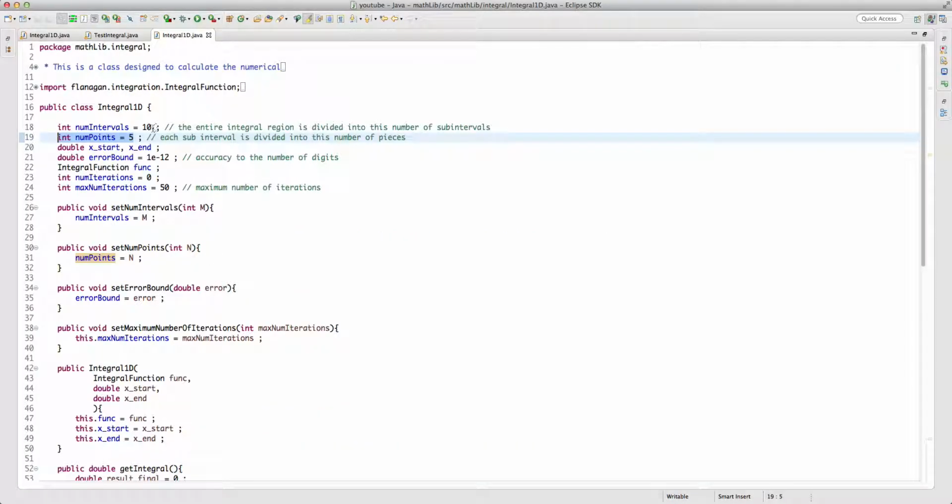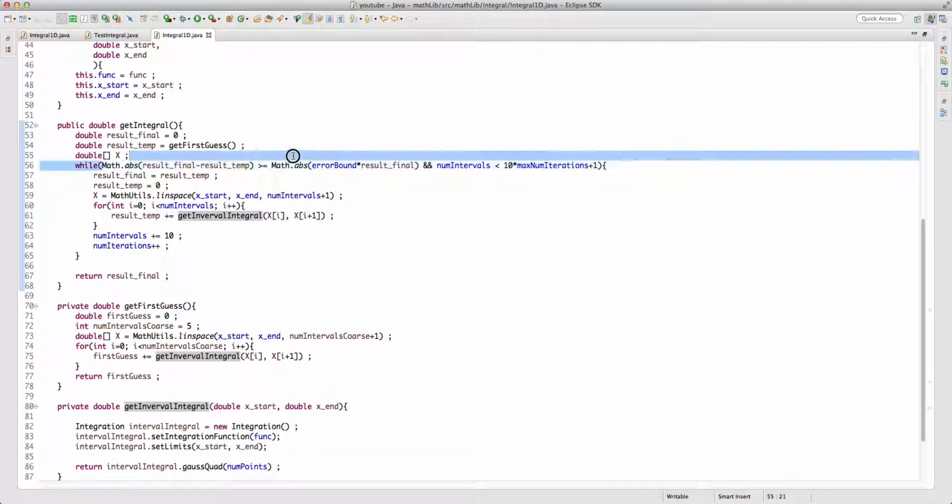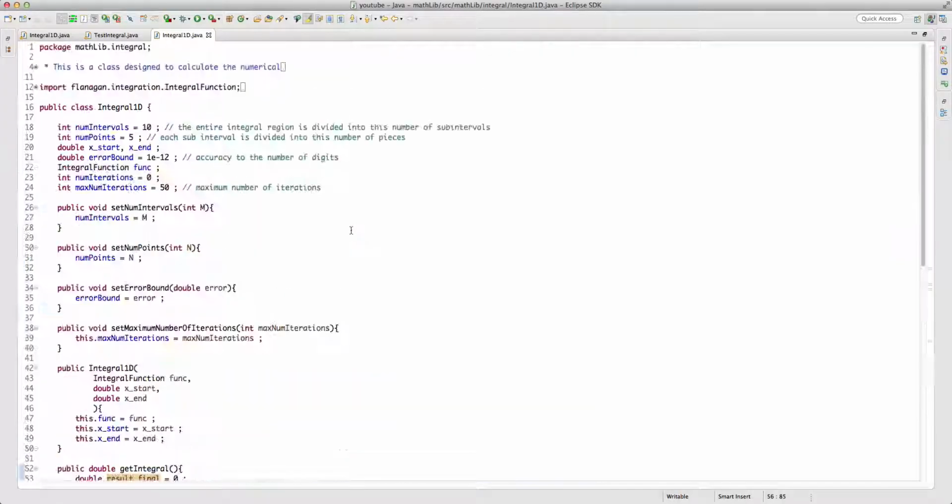If with the original 10 sub-intervals we don't get a good convergence, I increase the number of intervals by 10, and then I increase the number of iterations by 1. So in each iteration step I increase the number of sub-intervals by 10, all right? And then I compare the current result, the new result, with the old result. And if the difference is less than the error bound, which is basically the relative error, then I call it the convergence, okay?